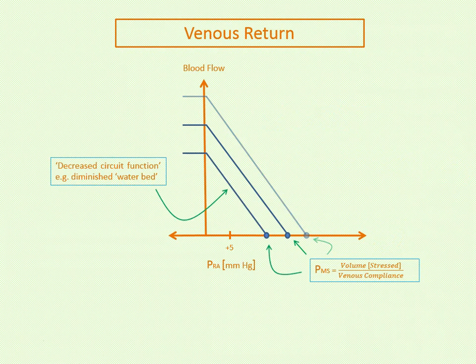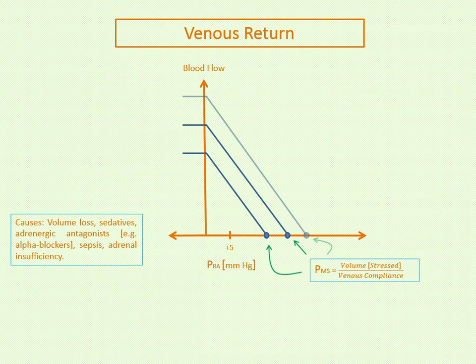Conversely, you can have decreased circuit function, like if you lost some volume from the venous beds, but also, and very importantly, if you give a patient sedatives or alpha antagonists, like alpha blockers, but also the venodilation of sepsis, all of those things will lower the amount of stressed volume and de-recruit stressed volume, which will lower the pressure head for venous return and decrease the amount of venous blood returning to the right heart.